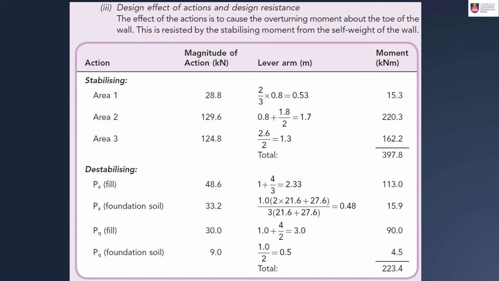Again, consider the perpendicular distance, which is the lever arm taken from the toe of the wall. So we have 2.33 for the active thrust for fill, 0.48 for foundation soil, and 3.0 for the surcharge on the fill, and for the foundation soil it is 0.5 meter.